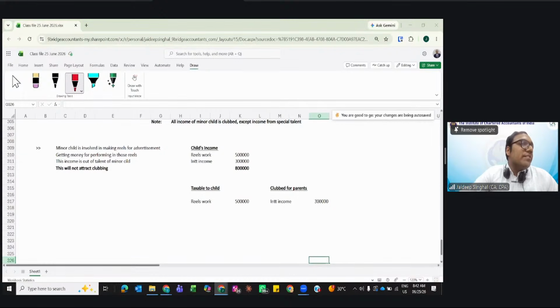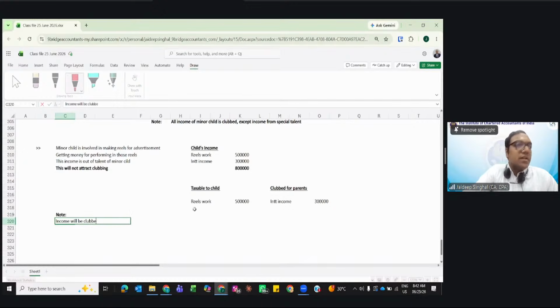I said clubbed for parents, but in which parent's income will it be clubbed? Some notes here. Income will be clubbed in the hands of the parent whose income is higher.